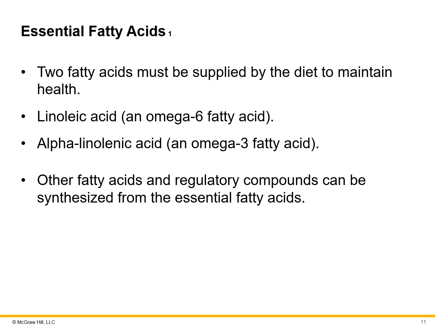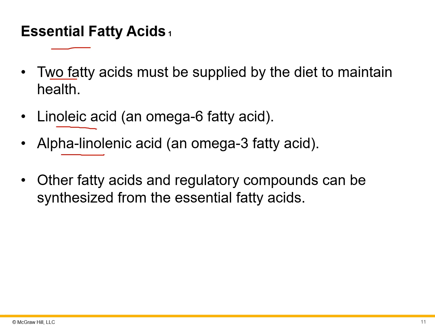All right, so we have some essential fatty acids, just like an essential nutrient is a nutrient we have to take in our diet. Essential fatty acids are ones we have to have from our diet. It's the only way to get them. We can't make them. And there are two of them that we have to get from our diet: linoleic acid, which is one of the omega-6 fatty acids, and alpha linolenic acid, which is an omega-3 fatty acid.